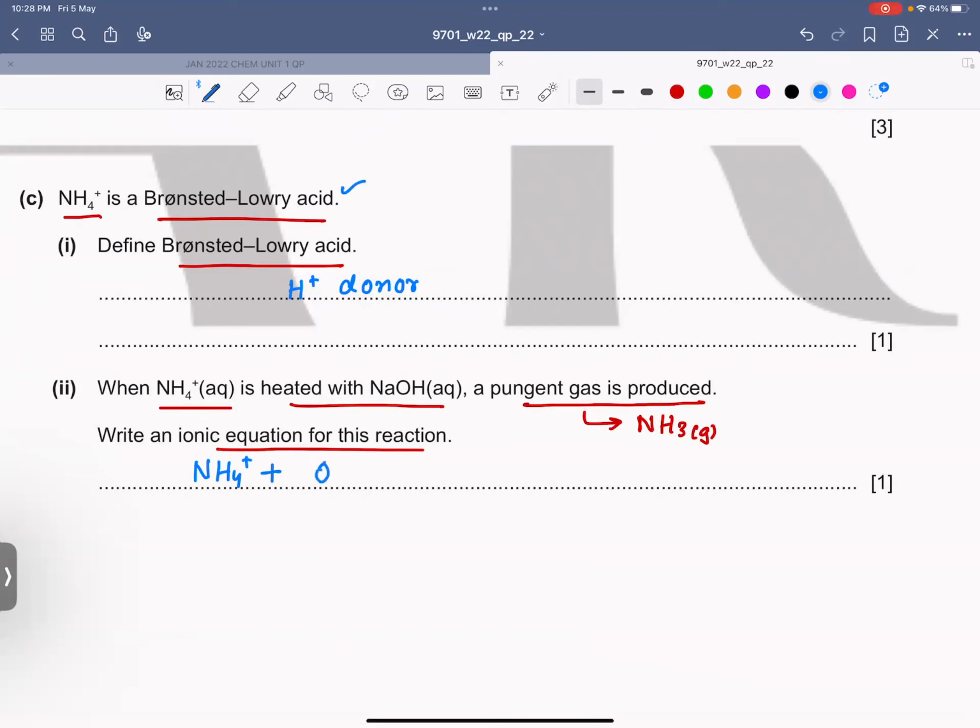And in sodium hydroxide, the alkali is basically the hydroxide ions. So the ammonium ion as an acid loses the hydrogen, turning into ammonia gas, and that hydrogen is accepted by the Bronsted-Lowry base, which is hydroxide ion, forming water. So this would be our equation for this reaction. Is this clear to everyone?